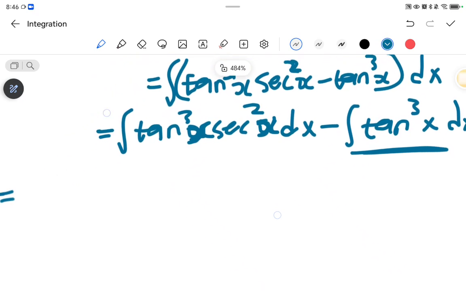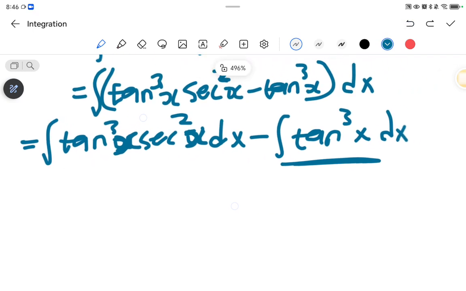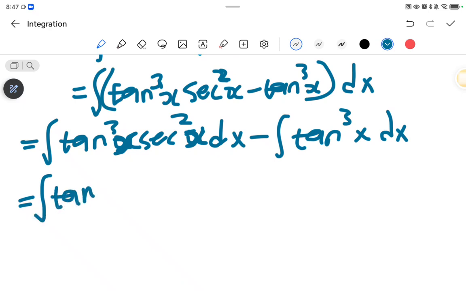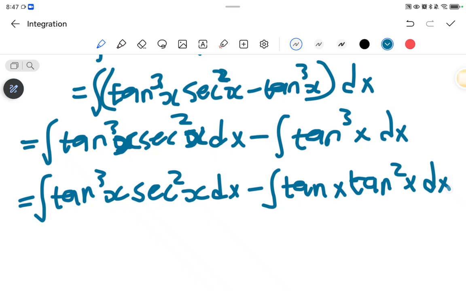So on the first one, I can just let tan be u, so that when I derive tan, I get sec squared x, it cancels out. You see right now? So here, let me work on dropping one. I'm going to have tan, and this will be tan to the third x sec squared x dx. This will be minus the integral of tan x tan squared x dx.